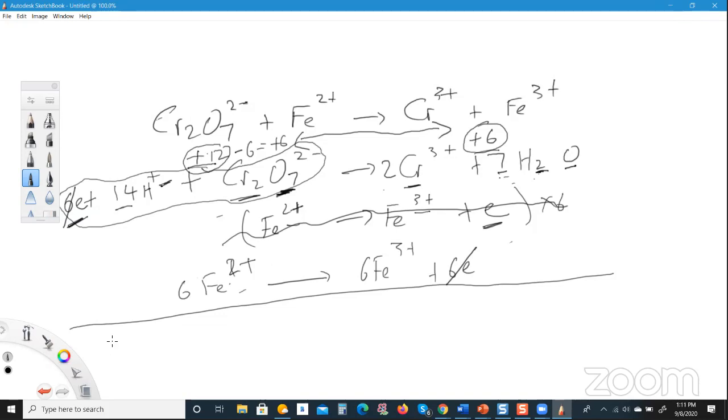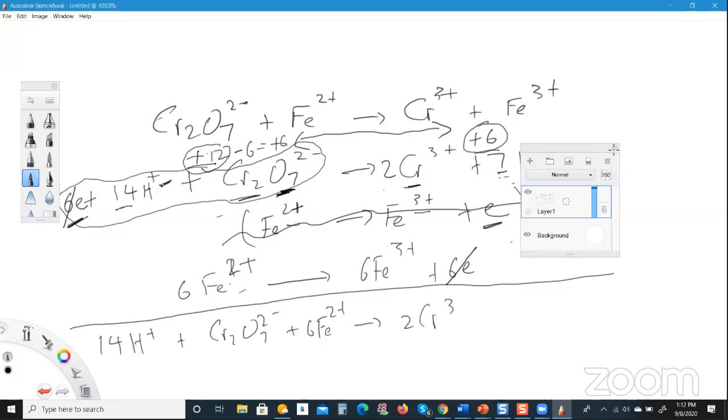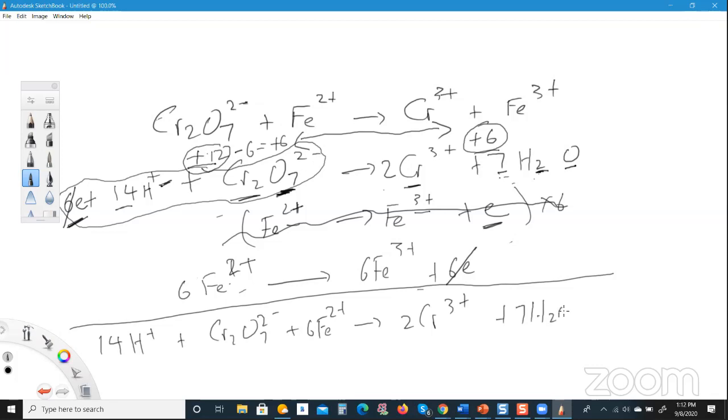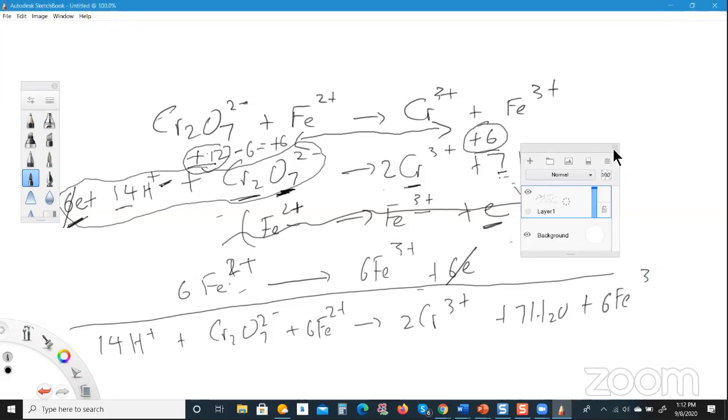So we're going to be left with 14H+ plus Cr2O7 2- plus 6 Fe2+ to give 2 Cr3+ plus 7H2O plus 6 Fe3+. And that, folks, should be the final answer.